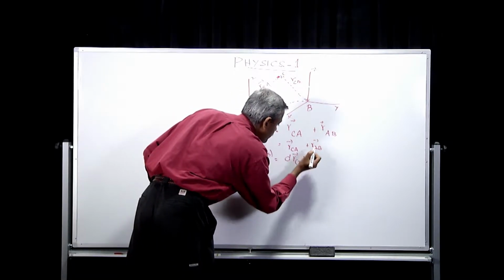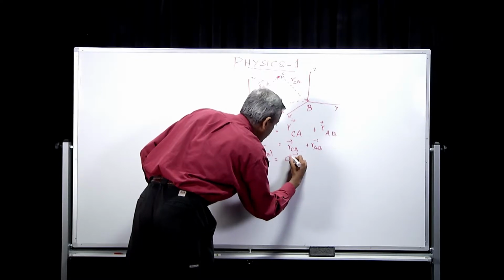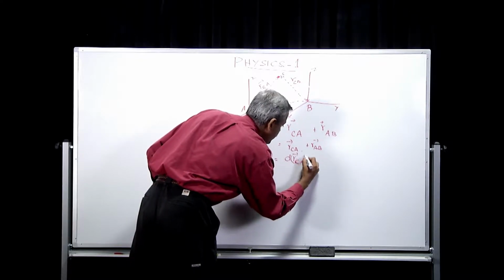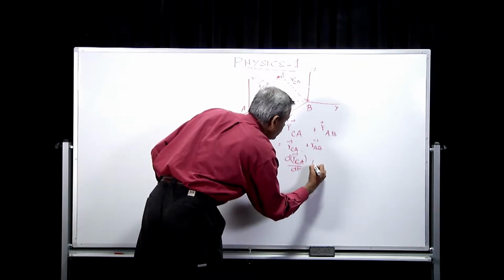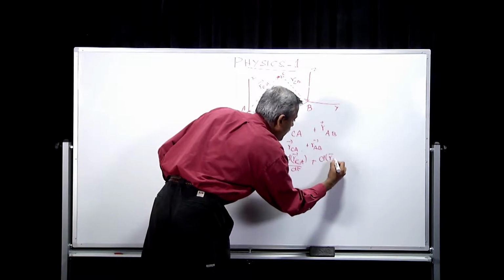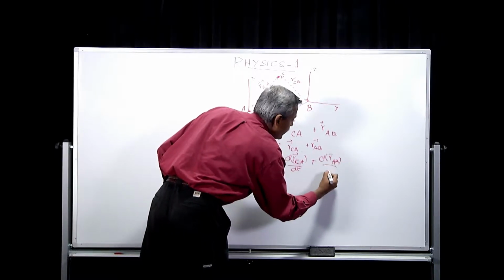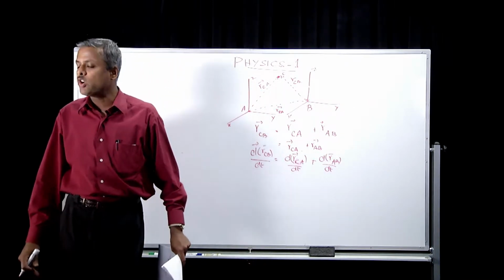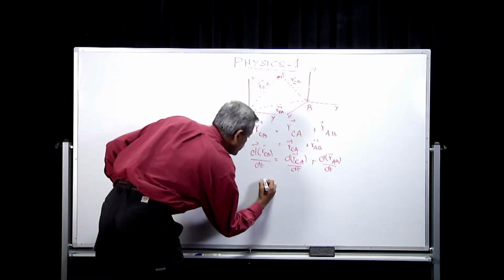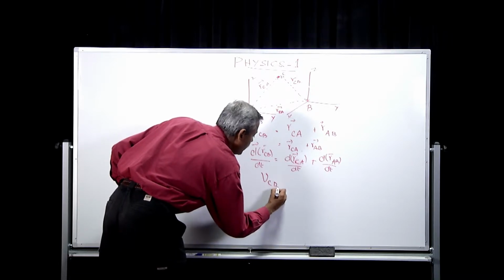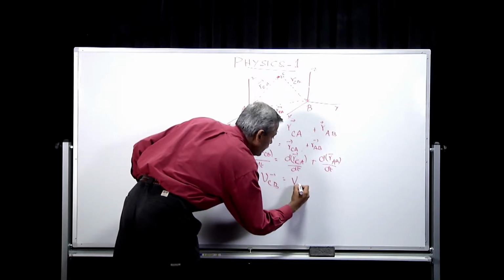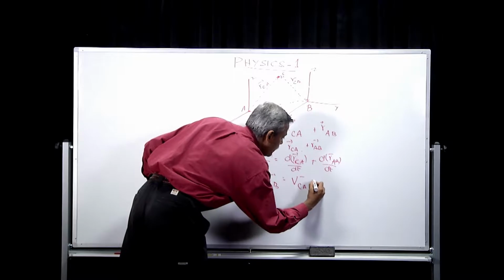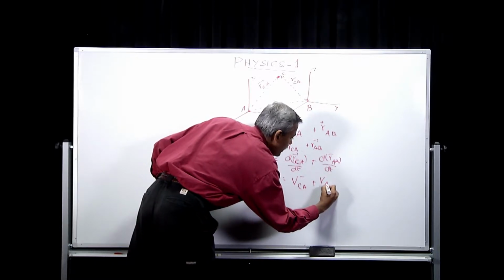You can take dRCB is dRCA by dt plus dRAB by dt. So, that means my derivative of position is called your velocity. So, you can find the velocity VCB is equal to VCA plus VAB.